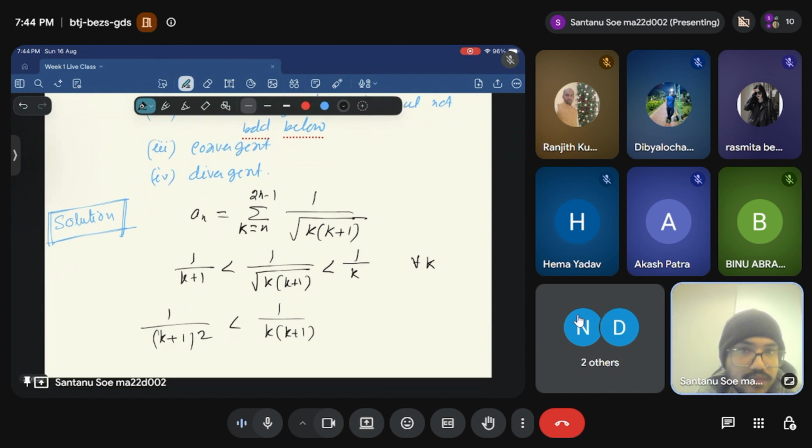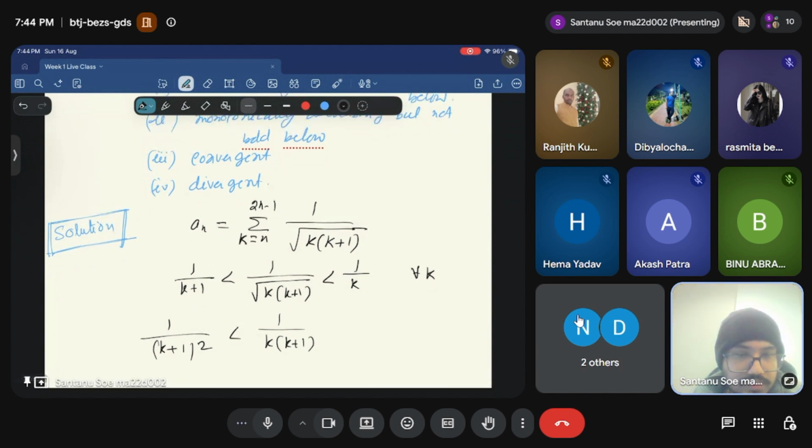No matter what natural number you take, this is always true, right? Can anyone tell me, for a second, why this holds? Anyone? Any idea?